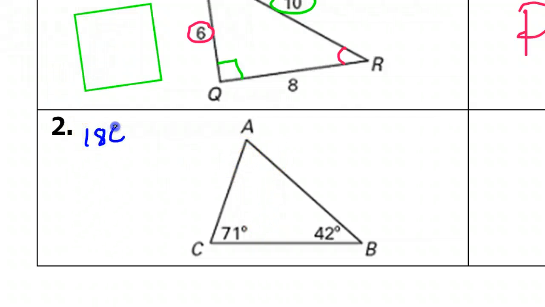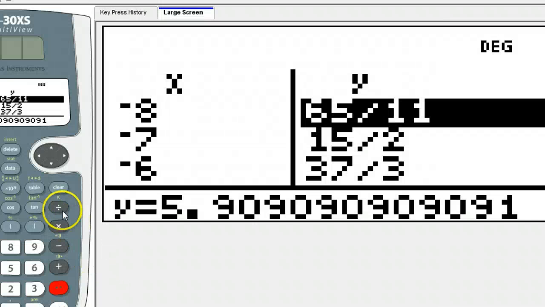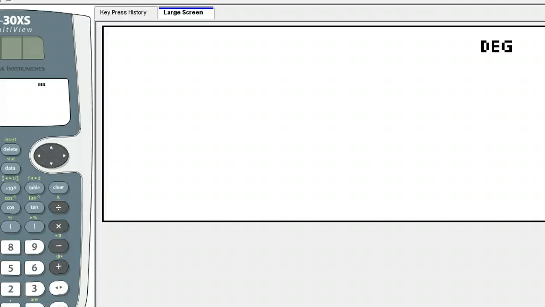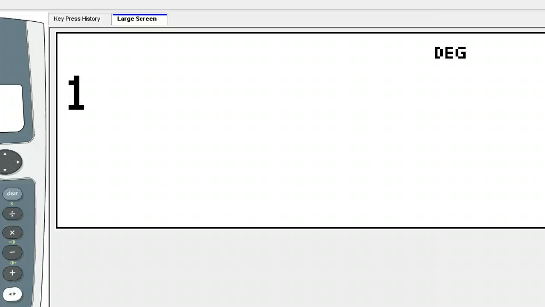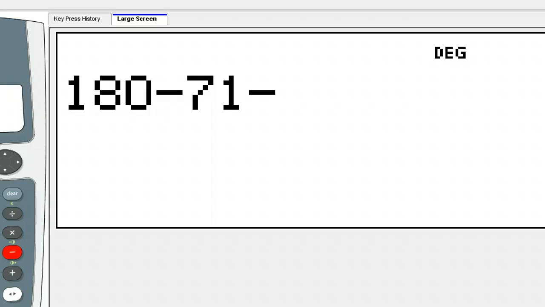So I do 180 degrees, because that's got to be the total, minus 71 and minus 42, and whatever's left over should be angle A. Notice I don't have to hit enter in between.